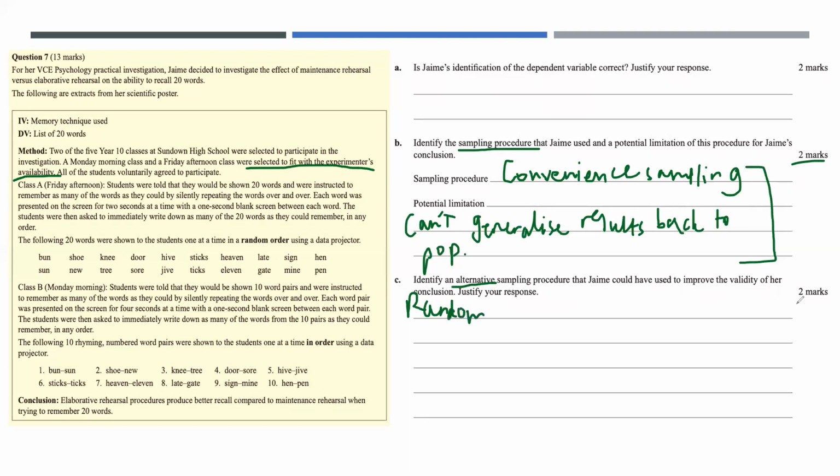Remember, it's out of 2 marks: 1 mark for identifying the type of sampling procedure, and another 1 mark for justifying or explaining how that would improve these issues. So why would random sampling be better compared to convenience? Because people have equal chances to be selected. Exactly. It allows for a more representative sample, because everyone has an equal chance of being selected.